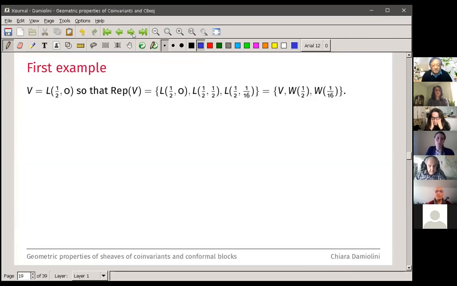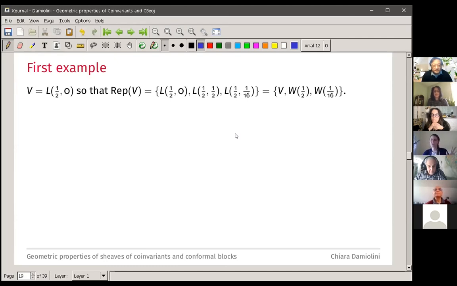So the first example takes the Virasoro, the discrete series associated with weight 0 and central charge 1/2. And we know that there are only 3 representations, the trivial one and the ones associated with weights 1/2 and 1/16. And we also know all the fusion rules.